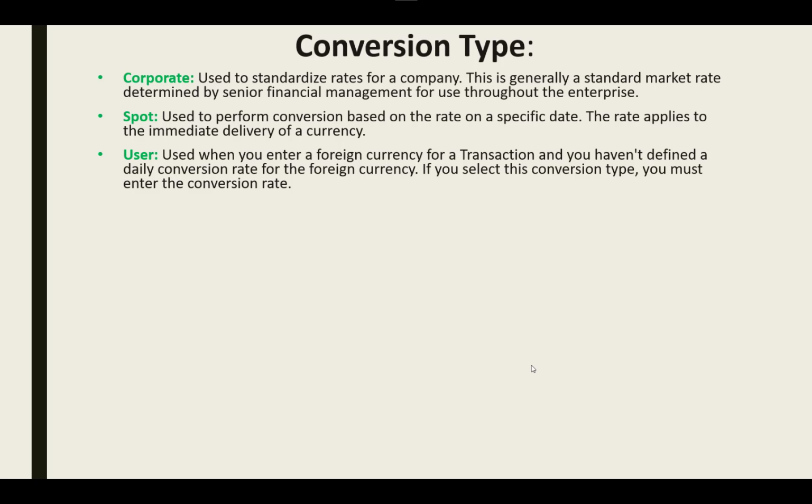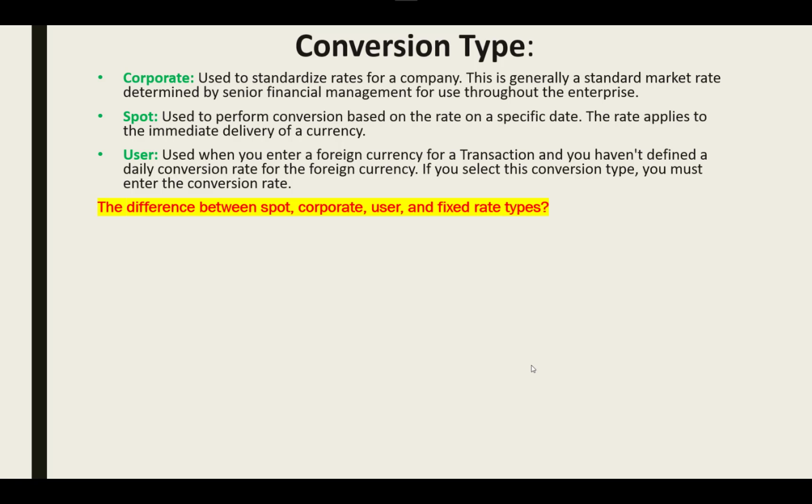If you select this conversion rate type, you must enter the conversion rate. This is where you give the users the ability to enter the rate while registering the transactions. In this case, the conversion rate field will be open as a text field to allow users to enter the rate immediately, during the transaction entry.